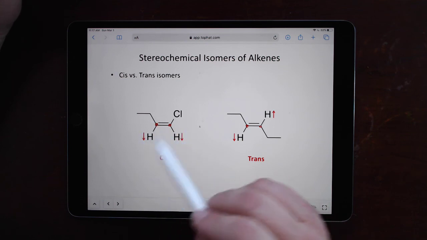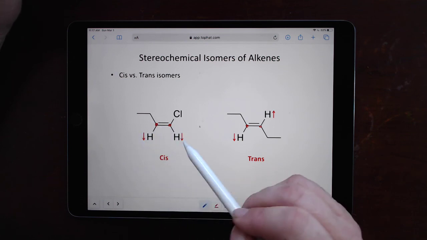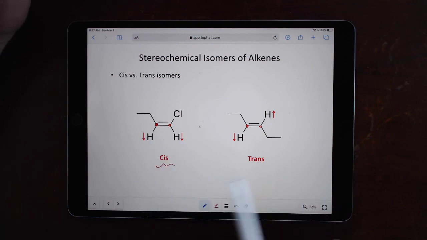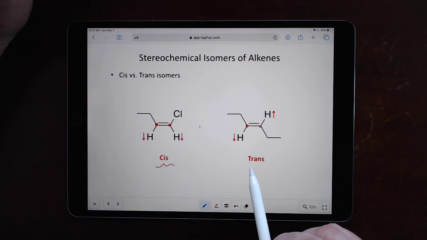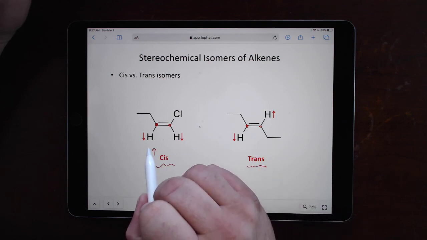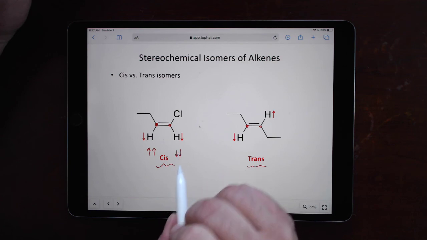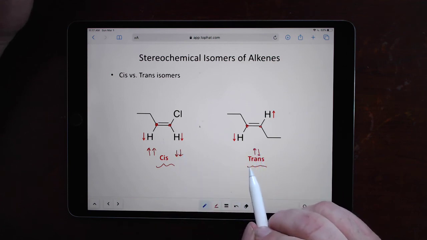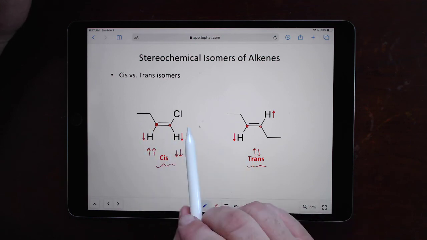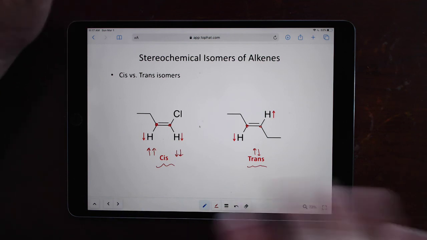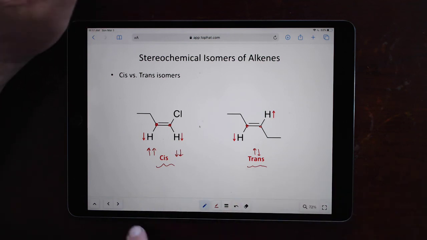If those hydrogens are pointed in the same direction, we call that the cis version of that double bond. If they're pointing in the opposite direction, it's the trans. So they'll either both be up or both be down if they're cis, meaning same, or you'll have one up, one down for the trans. So this would be the cis alkene, and this would be a trans alkene. They're going to have slightly different properties. And again, we'll go into this more later, but just be aware of these.